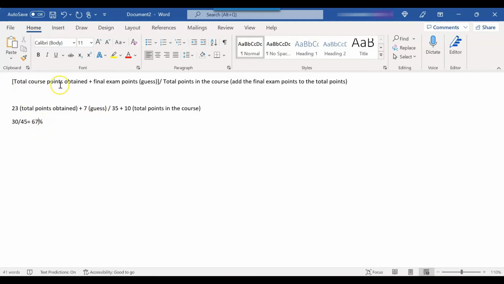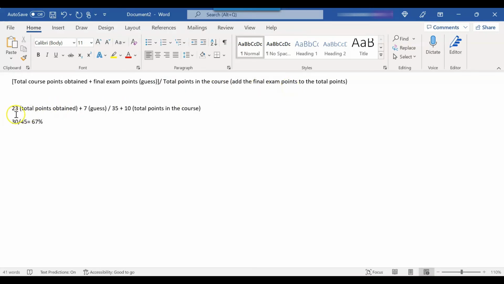So it is total course points obtained plus final exam points. So that is a guess because you do not know what your final exam grade will be. That is divided by the total points in the course, which includes the points on all of the assignments and the points on the final exam.